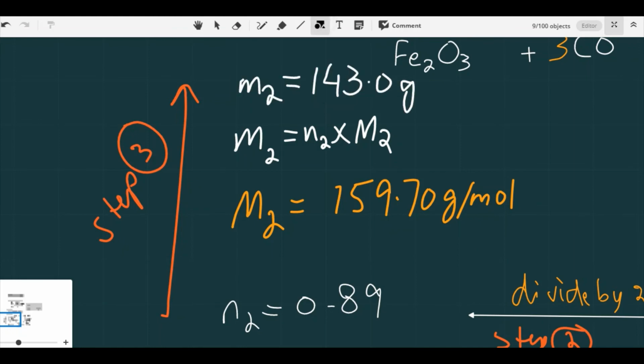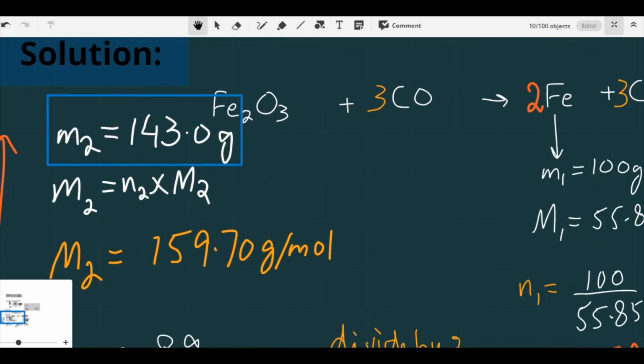That is the mass of the reactant that is used to produce iron.